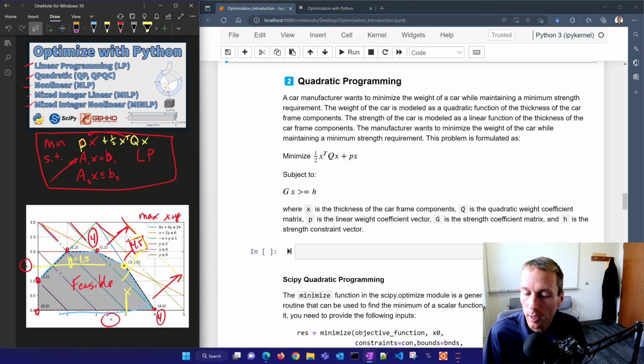Now you can also have quadratic constraints. So that means that you have an objective function, that's going to be our objective function right here. But you could also have a quadratic constraint down below. Maybe that's not q, maybe that's, let's call it r.